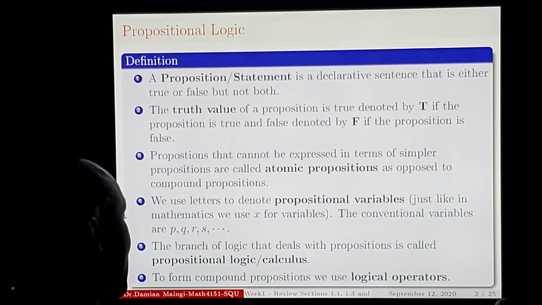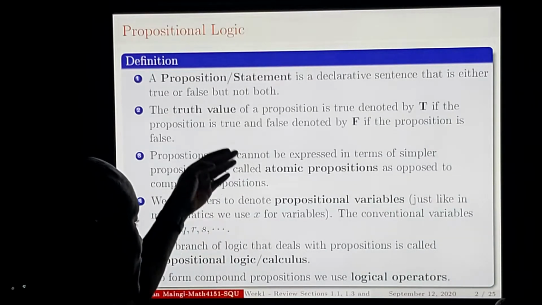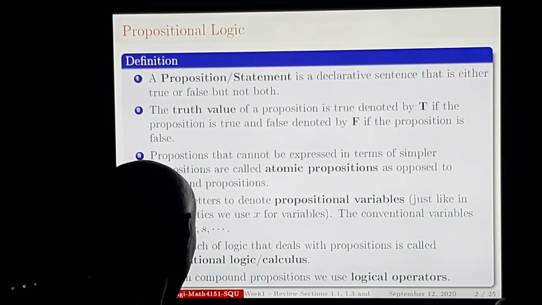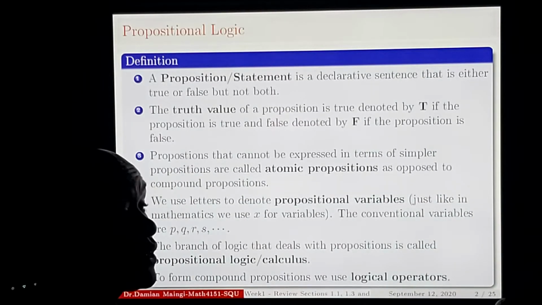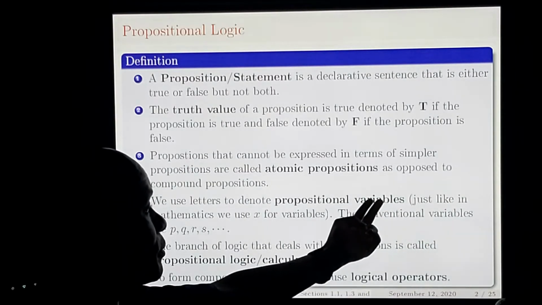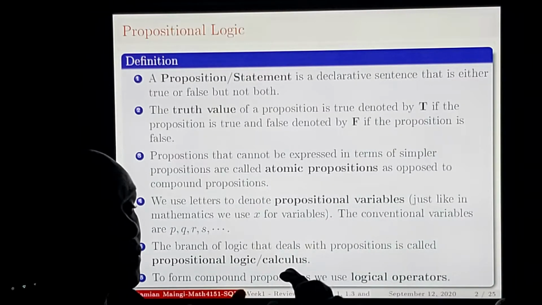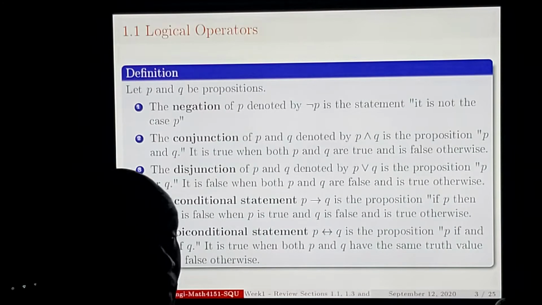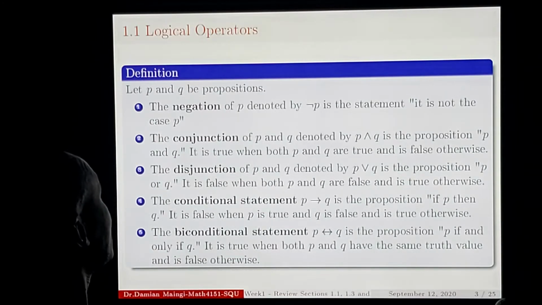Then the branch that deals with this logic is called propositional logic or calculus. And we use what we call logical operators or connectives to join simple or atomic propositions into compound propositions.